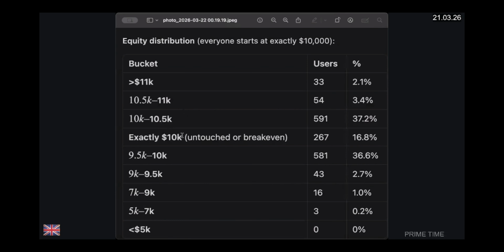Exactly 10K untouched or break even, 267 users with 16% of win rate. Then 9.5 thousand to 10,581 users with 36.6% win rate. And this is how the rest of the other users have been in terms of equity.